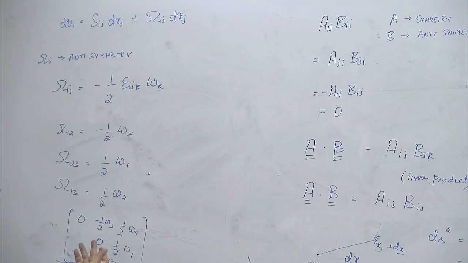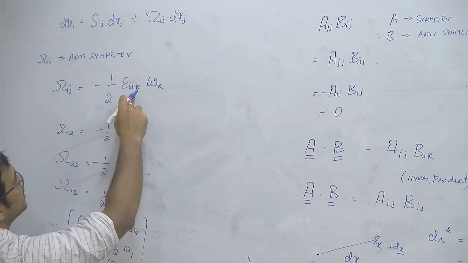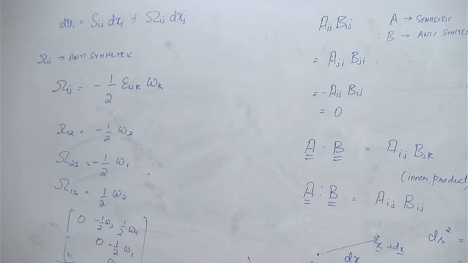In general you would have written it like 0 0 0 then a b c. I'm just saying this is what a b c are. Actually this is minus half of omega 1, because this is epsilon 2 3 1, which is 1. So you have a minus half.